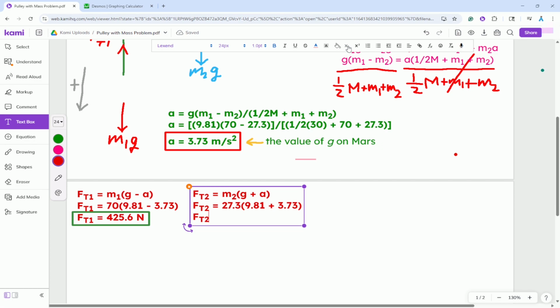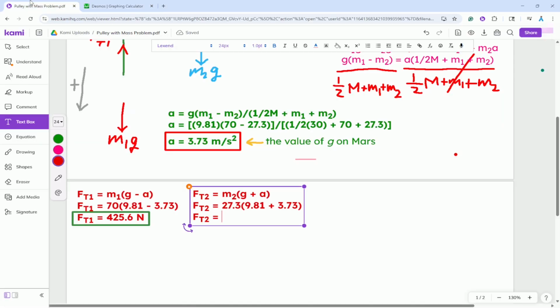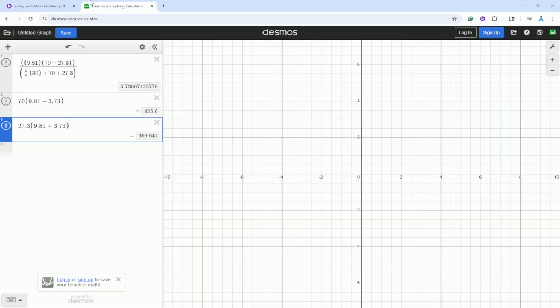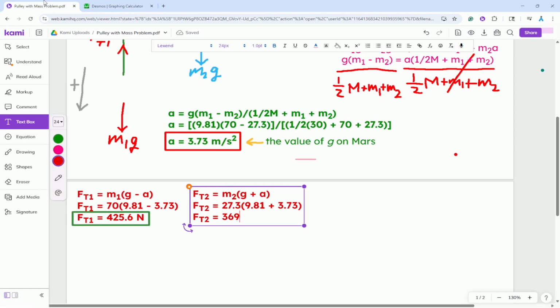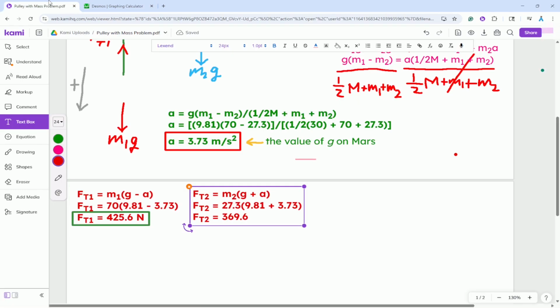Let me make sure this is picking up decimals. Oh, good, it is. So 27.3 times 9.81 plus 3.73 is, we're going to round it to 4 sig figs, 369.642,646 newtons.